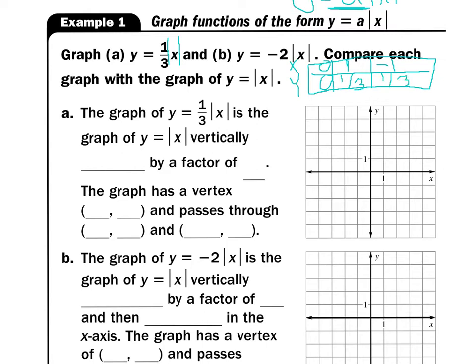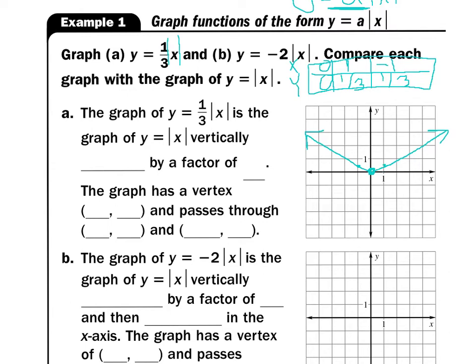So let's see how this graph is going to come. So 0, 0, and then if I go across to 1, and then up to a third, and then I go across to negative 1 and up to a third. So it's going to look something like that. Each point will have a mirror image.